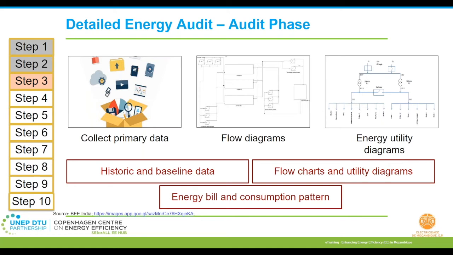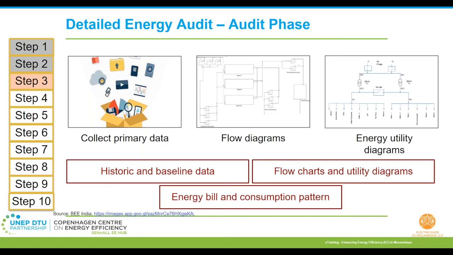If it does not have any, then the energy auditor would sit along with the facility personnel to develop a flowchart, because that gives you a better understanding of how the material flow and the energy flow are happening throughout the facility. And then you also have the utility system diagrams that will be collected.